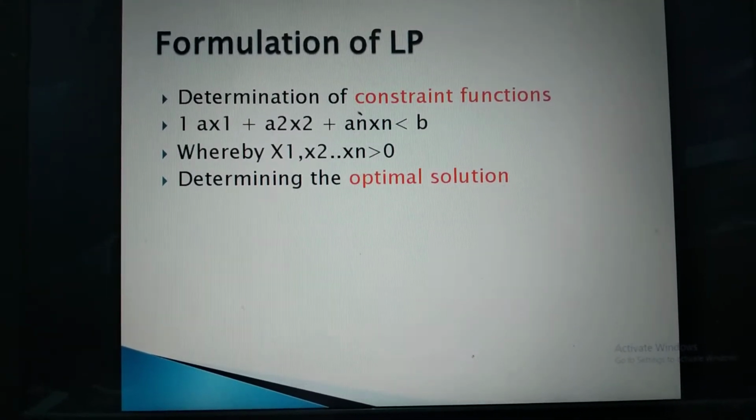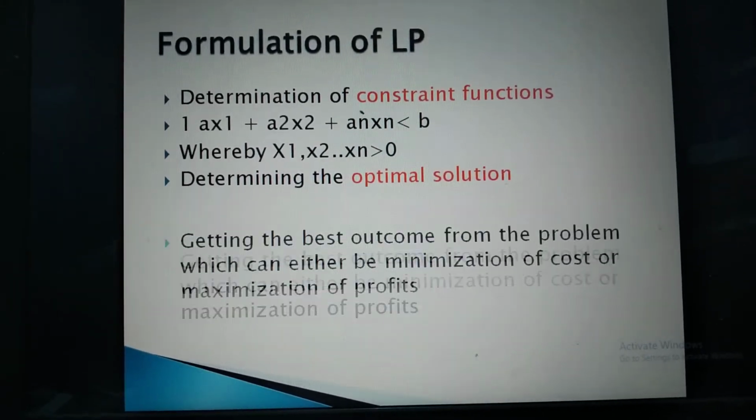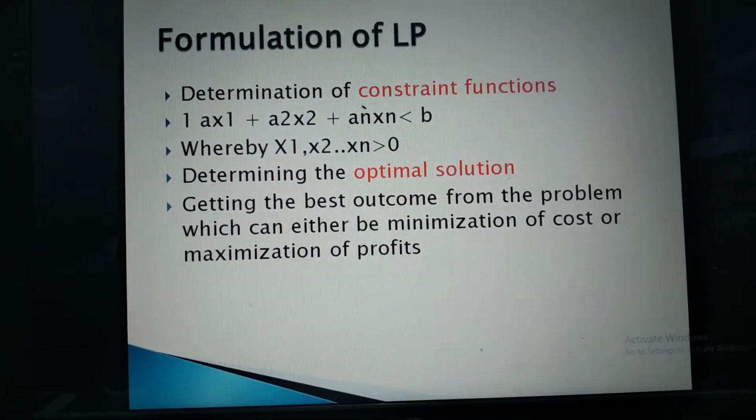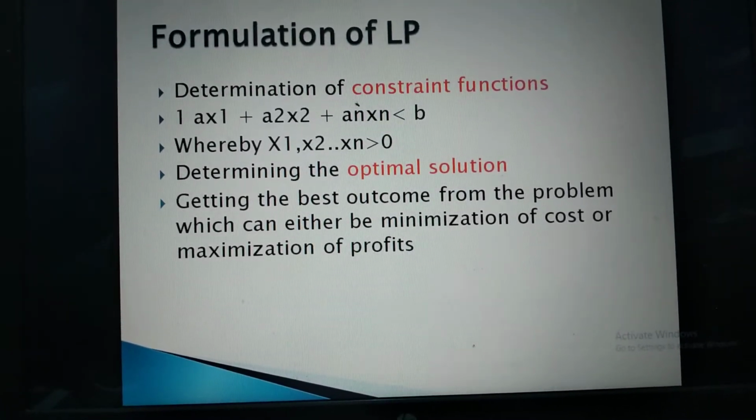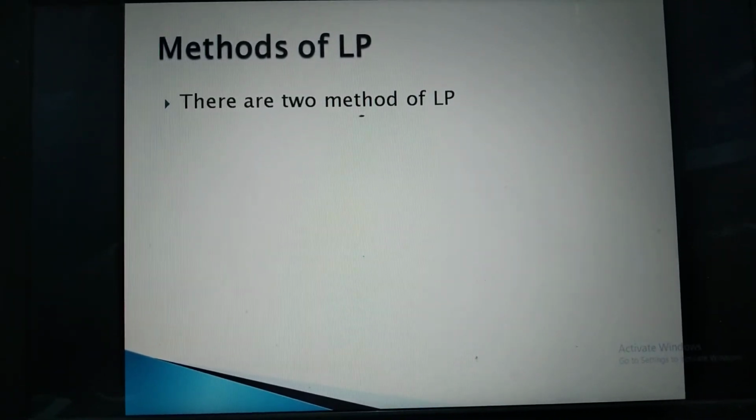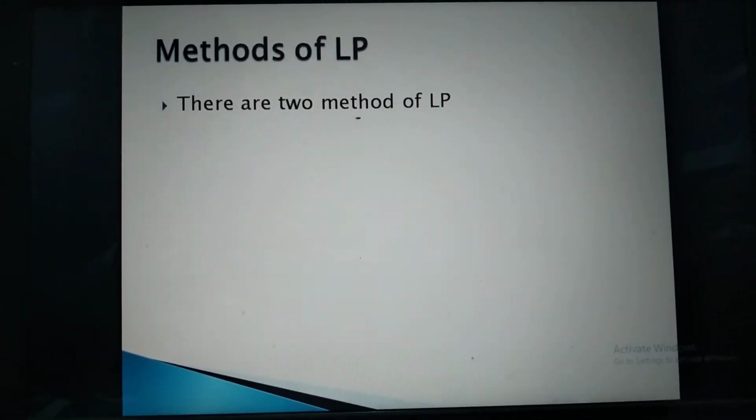Number four, determine the optimal solution: getting the best outcome from the problem, which can either be minimization of cost or maximization of profit. So these are the ways we can model our linear programming problem.